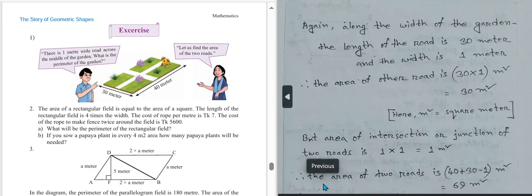So when we determine the total area of two roads, we have to subtract the area of intersection or junction of two roads from the addition. So the area of the two roads will be 69 square meter.